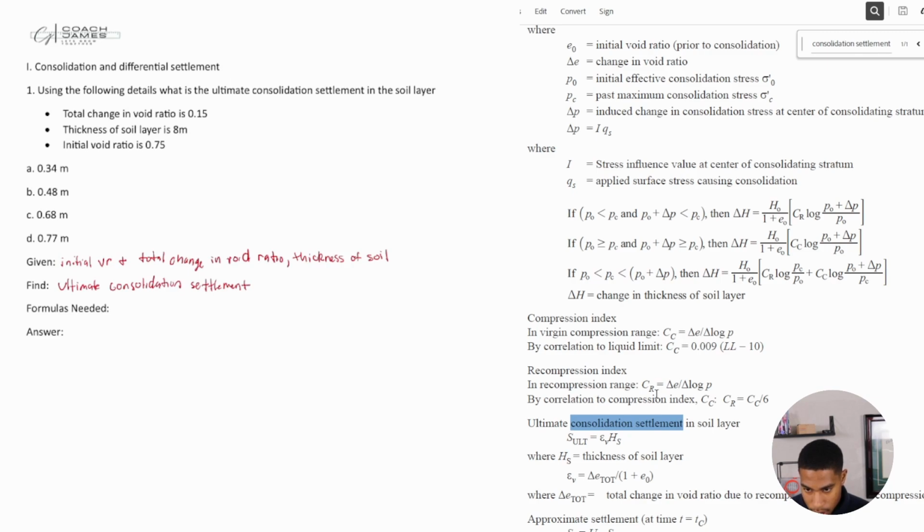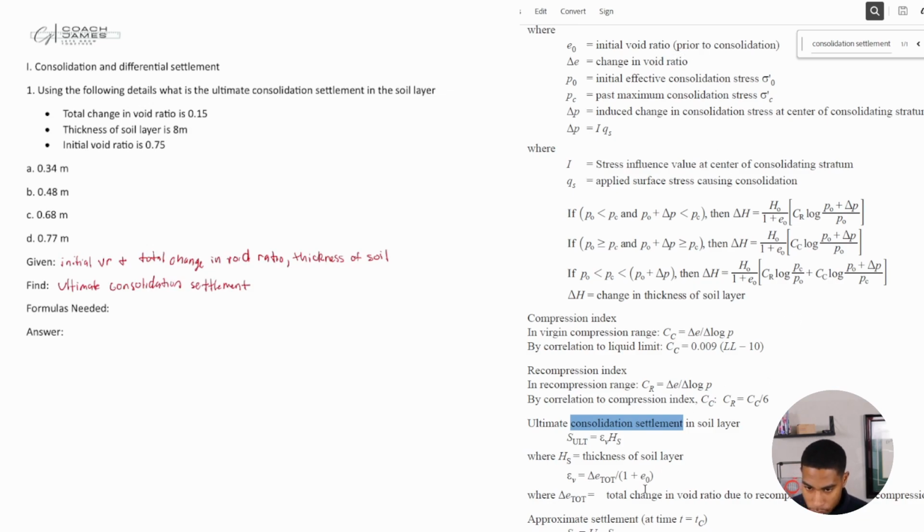All right. So what is EV? Well, EV is equal to the change in e total divided by 1 plus e0, where e0 is the initial void ratio and change in e total is the total change in void ratio.